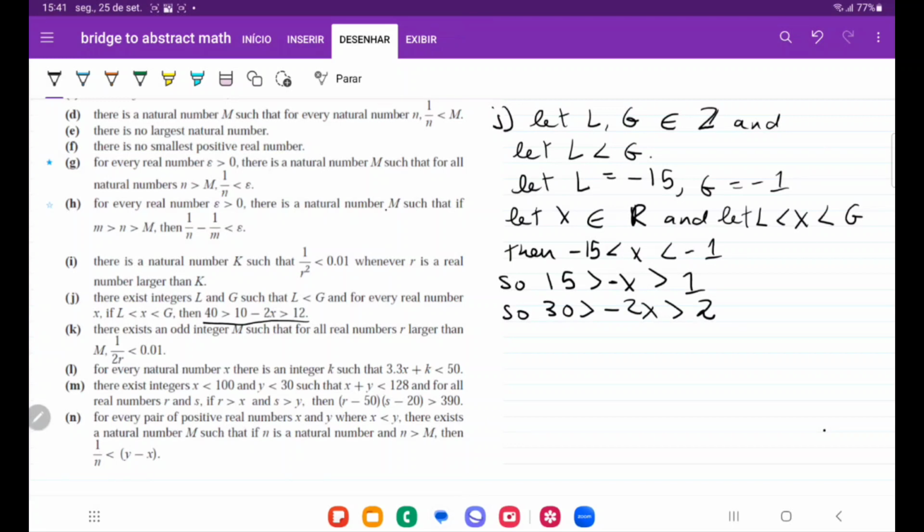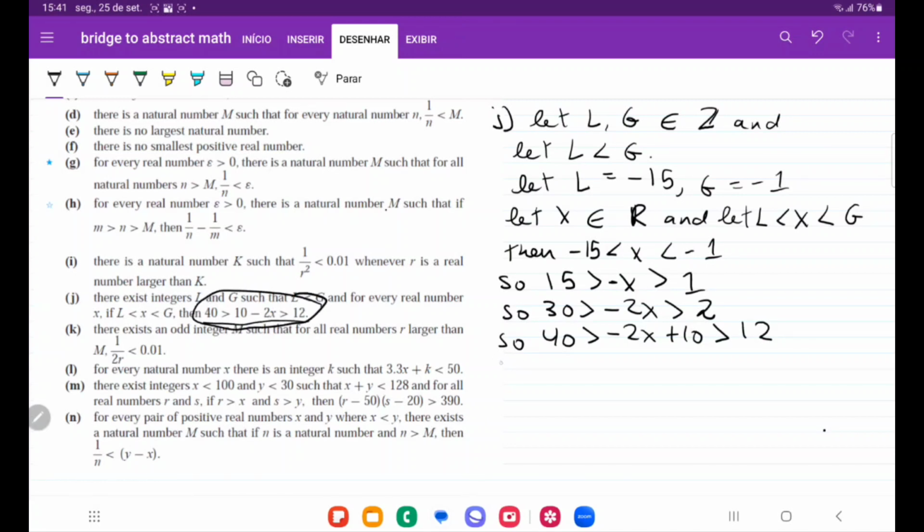Then we just add 10 to both sides. So 30 plus 10, which is 40, is greater than negative 2x plus 10, which is greater than 2 plus 10, which is 12. And so we have shown that this thing is true.